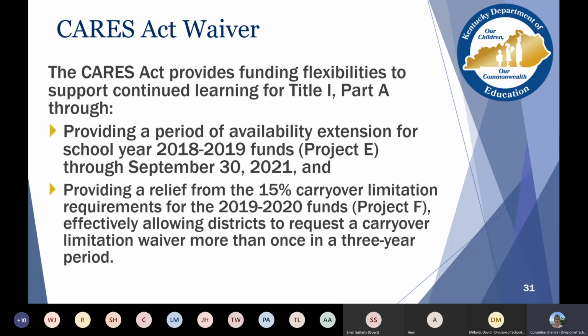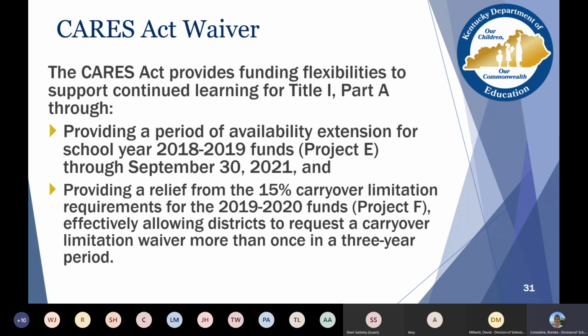So if you had Project E funds that should have wrapped up in September of this year, they're going to be extended through September 30th of 2021. Also, it's providing relief from the 15% carryover limitation requirements for Project F funding. For the 19-20 project funds, which would be Project F, it's going to allow districts to request a carryover limitation waiver more than once in a 3-year period.